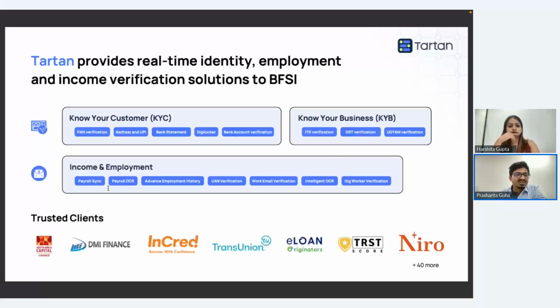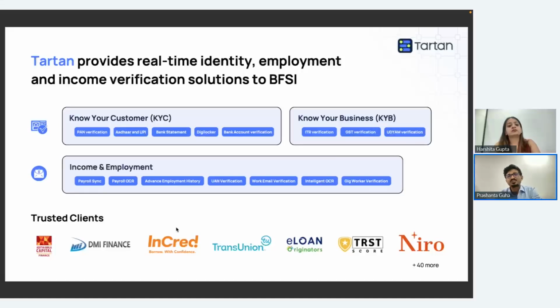They don't have to collect a lot of different documents, and at the same time, the entire process works seamlessly. Then at the other end, when it comes to verifying different details, we have APIs which will verify your IDs from PAN authorities, tax authorities, Aadhaar, passport, and all the other different government authorities that are there.